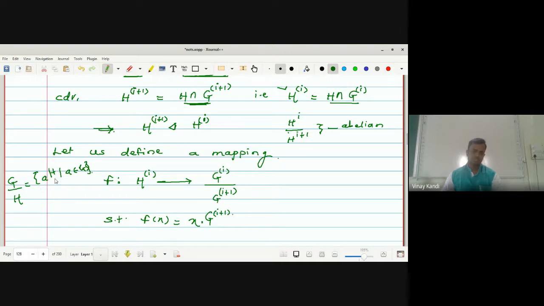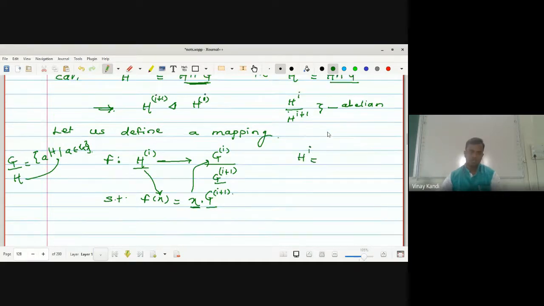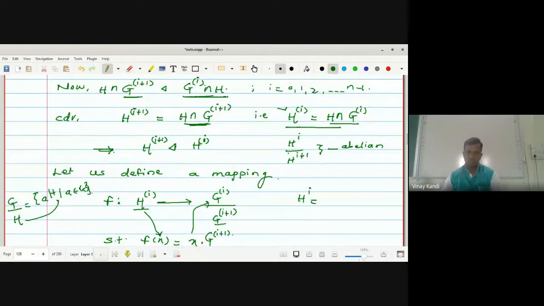And this x belongs to G_i. Is x in G_i? Because we have taken this x from H_i, the input is in H_i, the ith derived subgroup of H. But what is H_i? Look here, this is H_i.